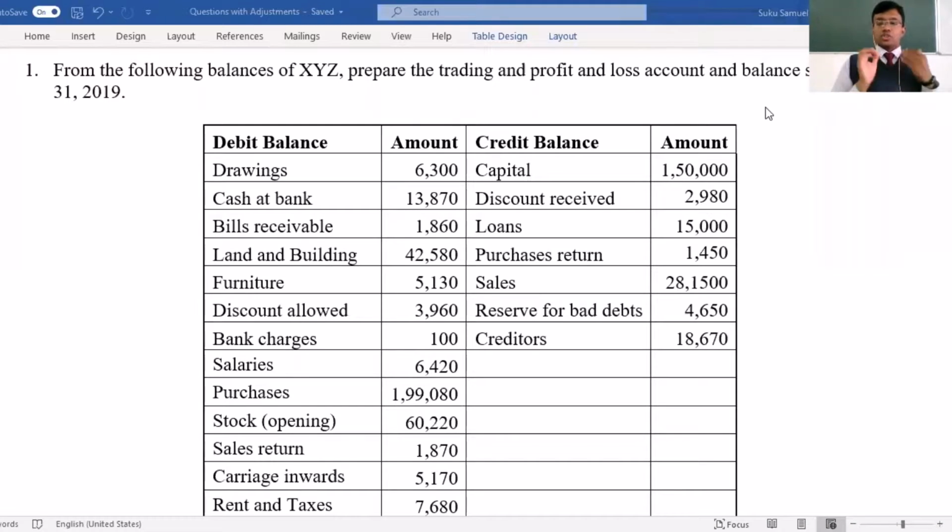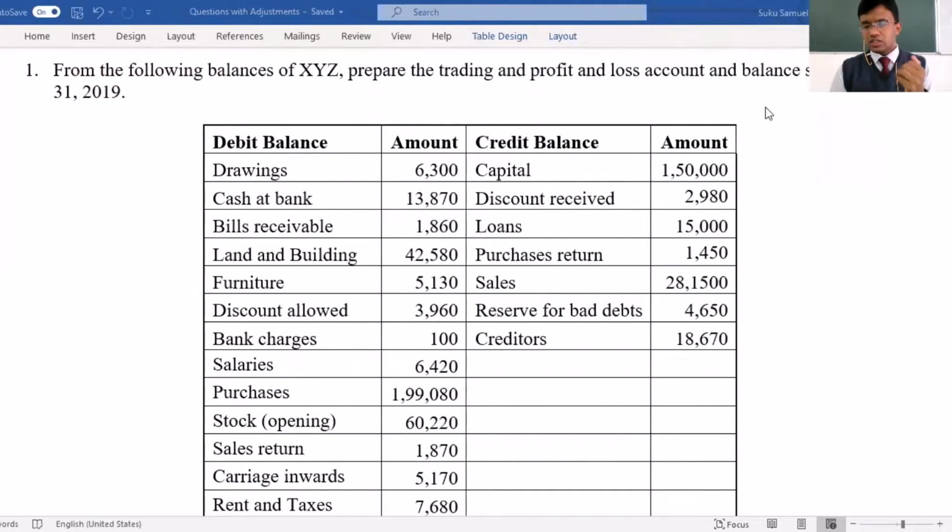In order for us to prepare the final accounts, we have to remember the thumb rule. Any item mentioned in the trial balance, we will have to treat once. It will either go into trading account or profit and loss account or balance sheet. Any item given as an adjustment, we will have to treat twice.